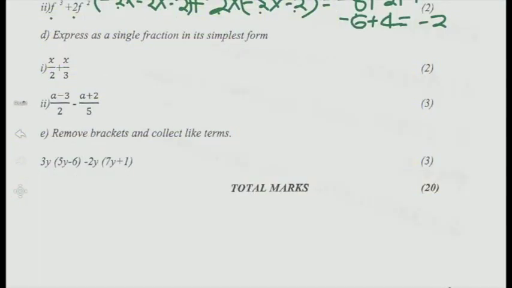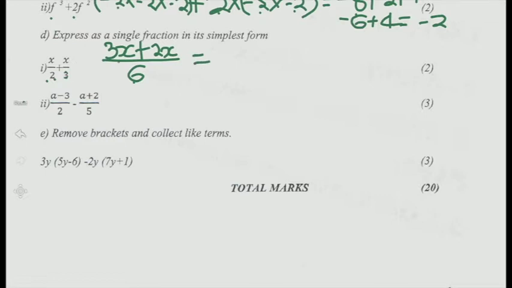It says express as a single fraction in its simplest form. Now we have two fractions, x over 2 plus x over 3. We know that when we are adding or subtracting fractions, we find the LCM. So here the LCM of 2 and 3 is 6. 2 into 6 goes 3 times. 3 times x is 3x, plus 3 into 6 goes 2 times. 2 times x will give us 2x.